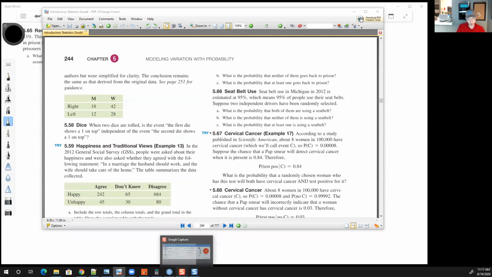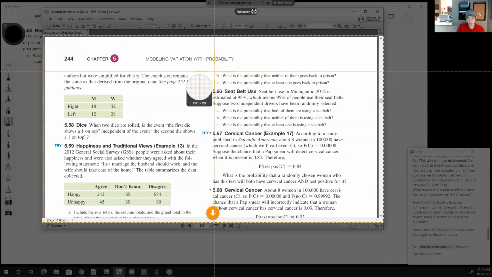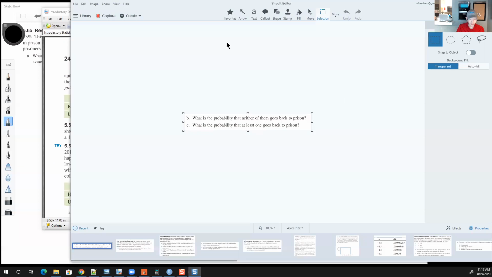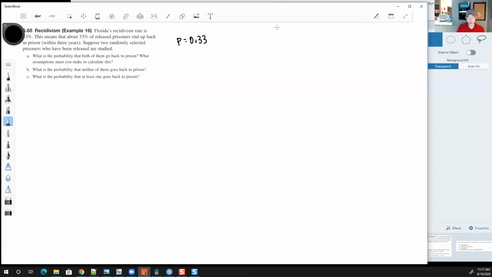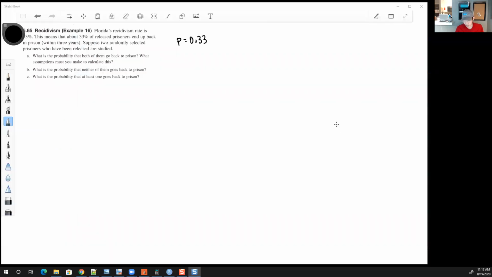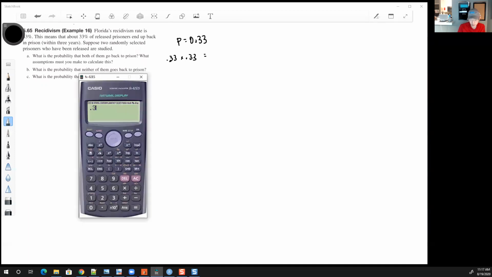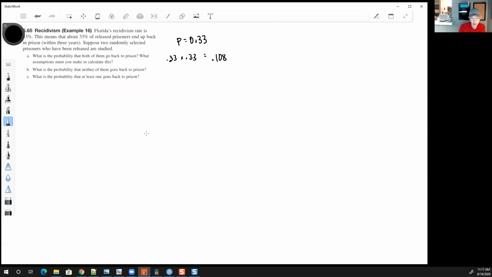Regarding the level of difficulty, this could be treated as binomial or as a regular old probability question, and this is about the level of difficulty of things here. What is the probability that both of them go back to prison? Here we would do 0.33 times 0.33, which is 0.1089. And then we must assume they are independent.